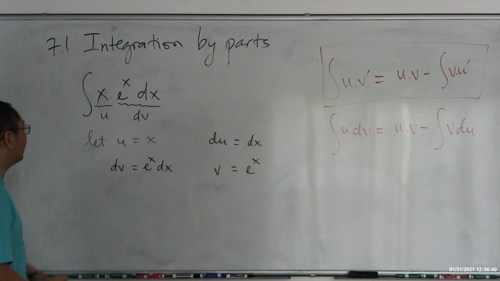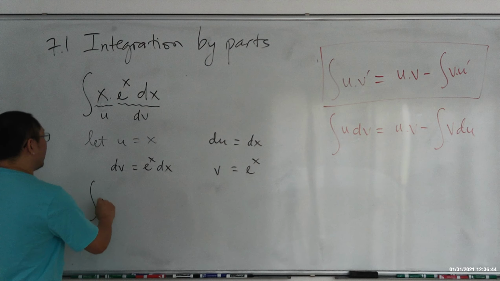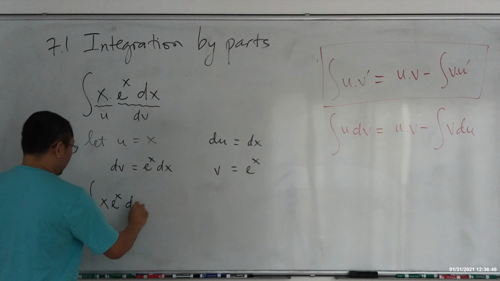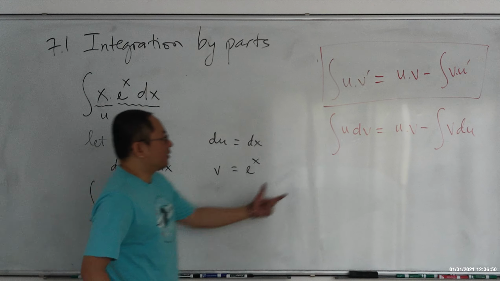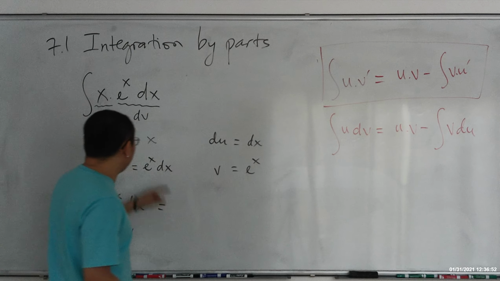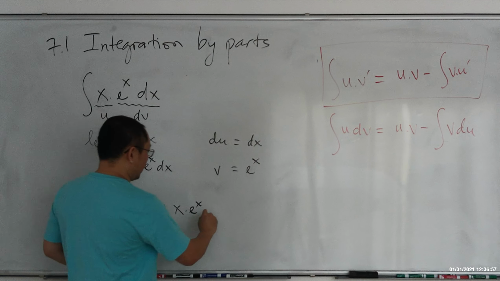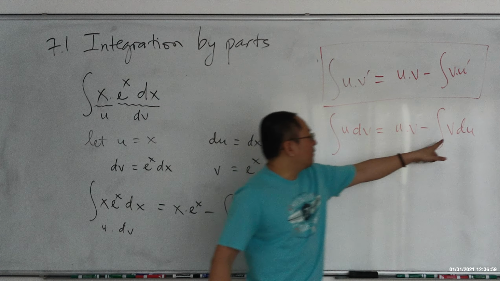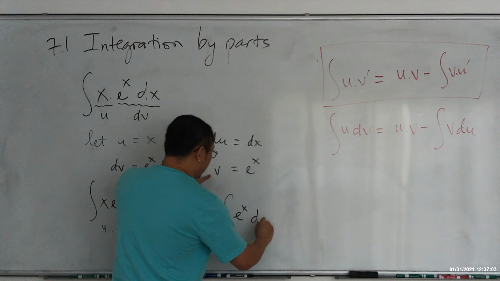Okay? And this one is integral of u dv, right? Integral of x e to the x dx, this is u times dv. I can apply the integration by parts right here, equal to u times v. u times v is x times e to the x. And then subtract the integral of v du. v is e to the x and du is dx.